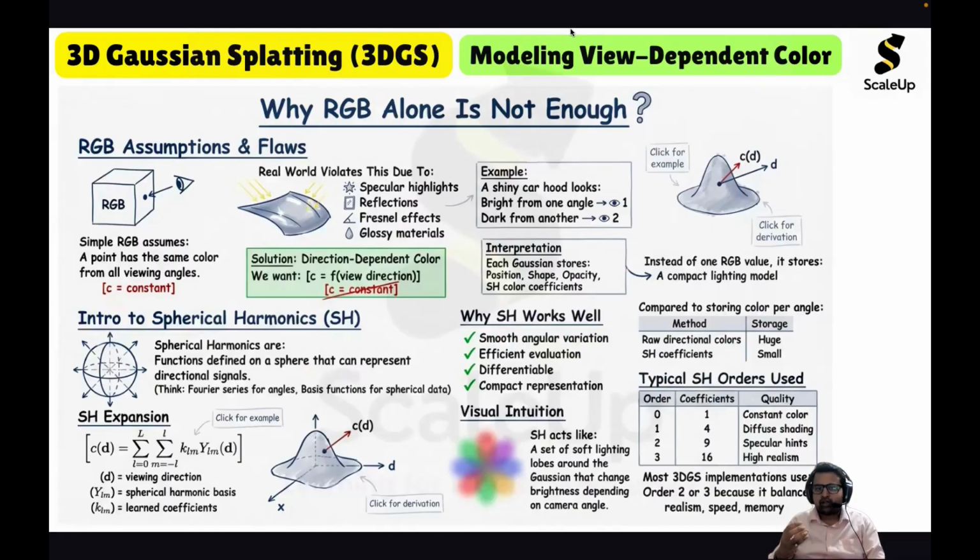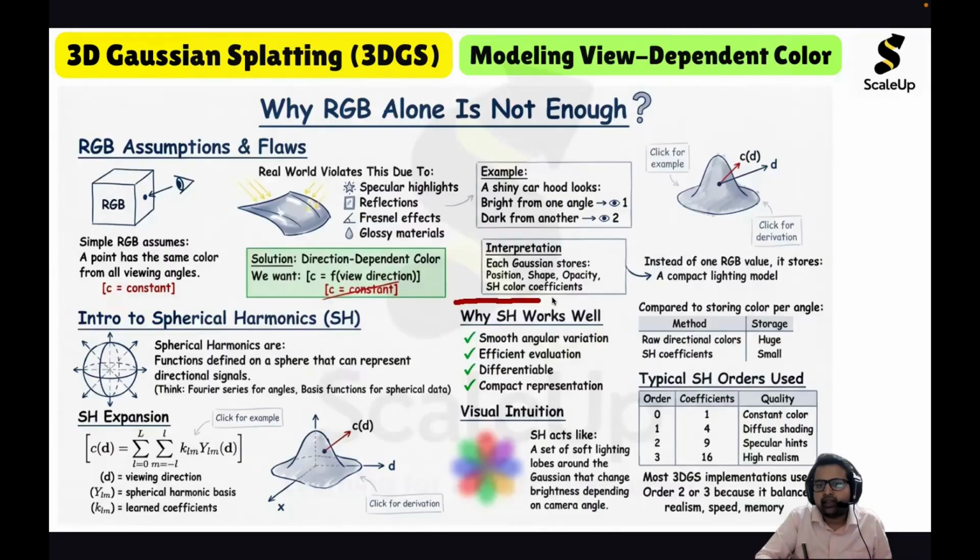Spherical harmonics is basically a mathematical function defined on a sphere, and hence it is representing the directional signals. Now we have degree. Degree will decide the quality, and based on the degree we will have coefficients. And this formula which we saw will give us the direction dependent color.